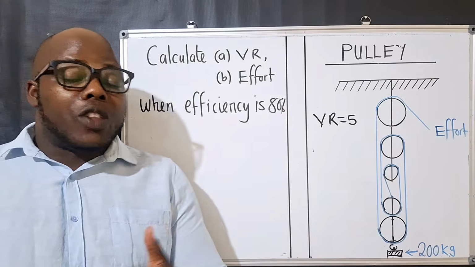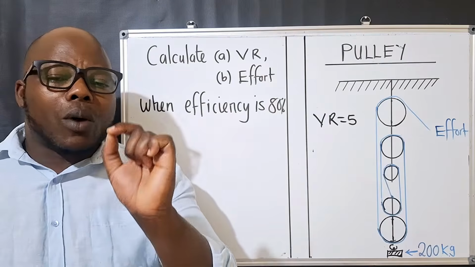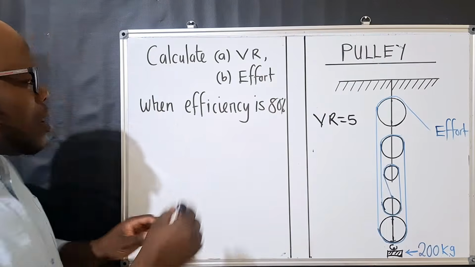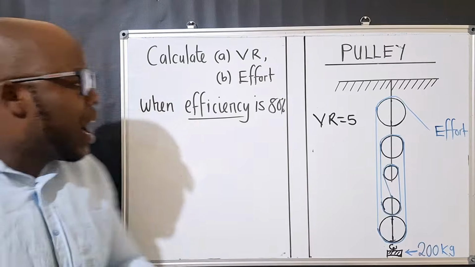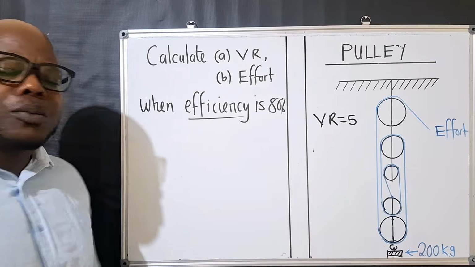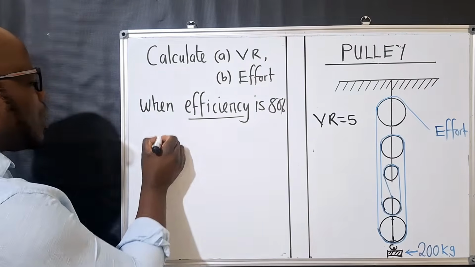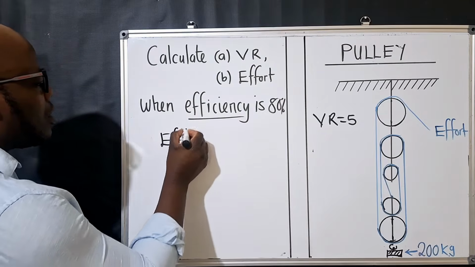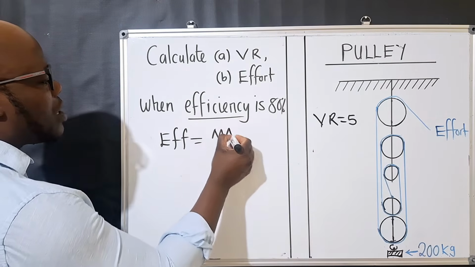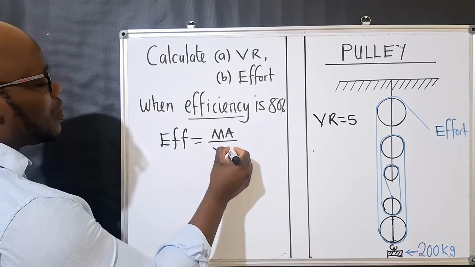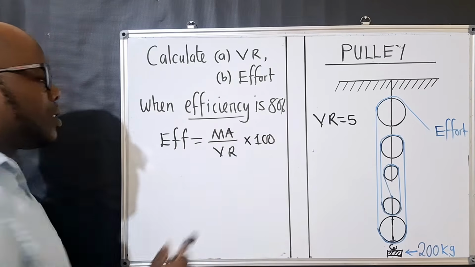So for the next question, which is effort when given the efficiency, I want you to understand something here. There is efficiency involved. Since efficiency is involved, and what you're looking for is effort, you can use the formula for efficiency. Efficiency is equal to mechanical advantage over velocity ratio times 100%.